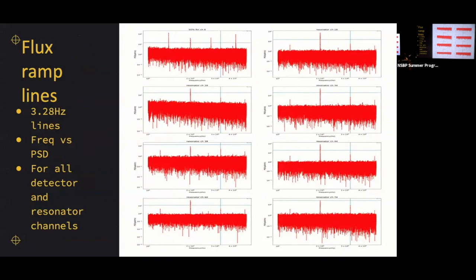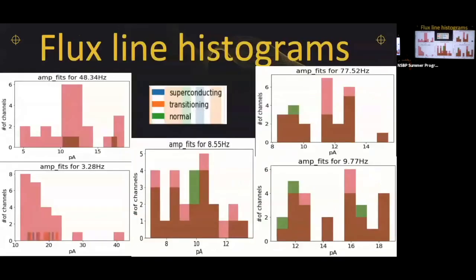So we looked at 5 different frequencies, and we created histogram plots of the flat amplitude. From there, you can see they essentially have the same spread, the same distribution.